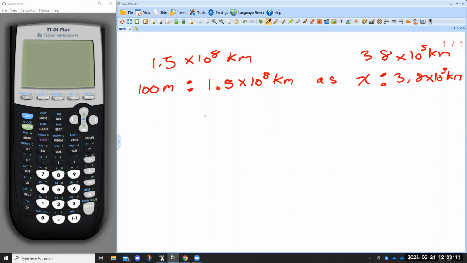Okay, so this is a proportion. Let's go ahead and simplify this proportion a little bit here. The kilometers are going to make each other go away. Let's make this 1 to 1.5 times 10 to the 6th by multiplying both sides by 10 to the negative second.